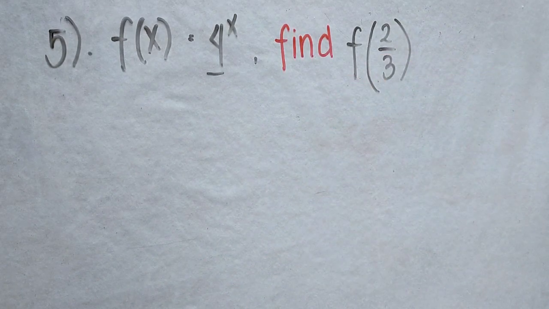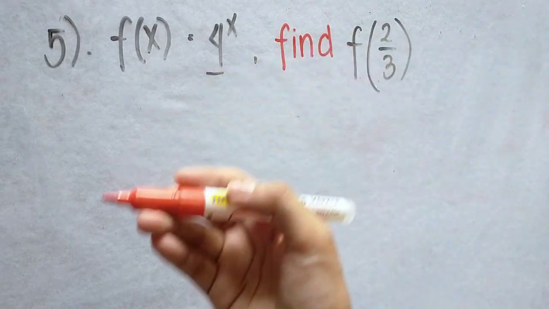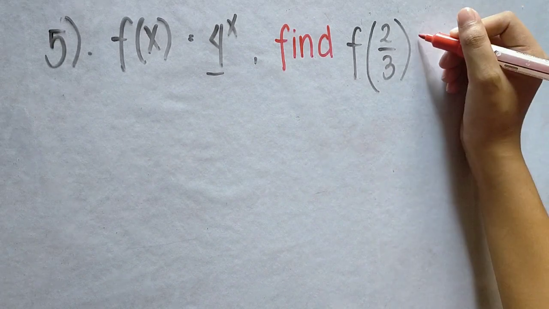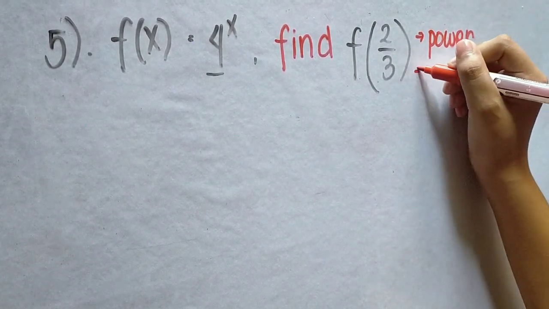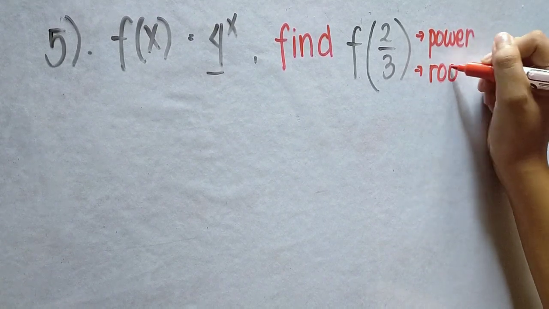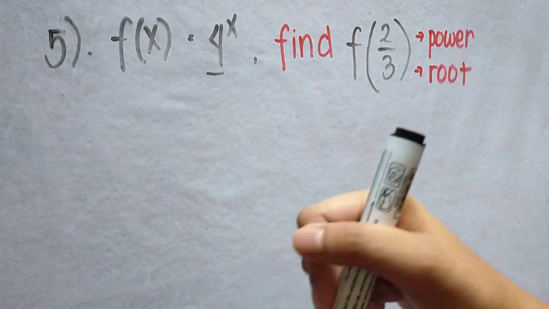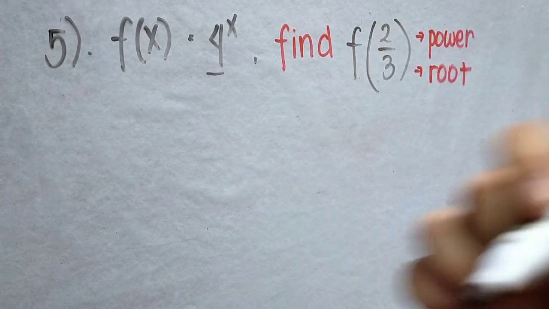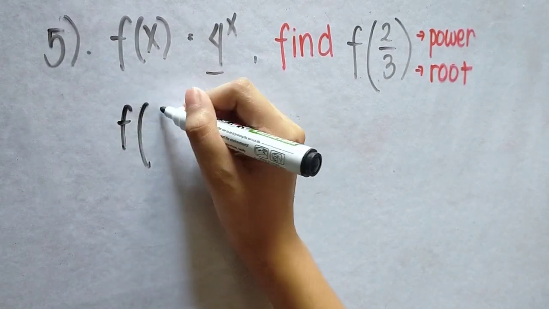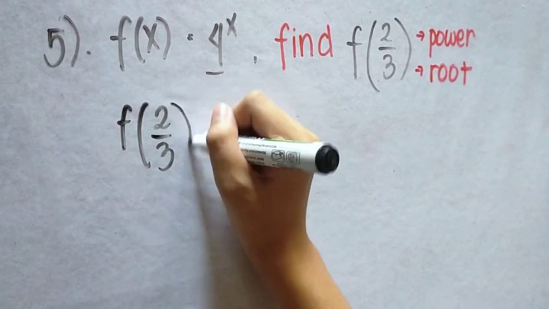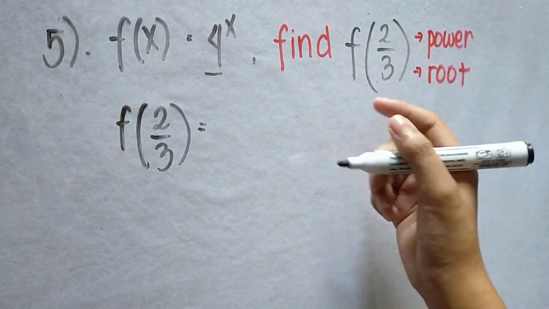Before natin isolve yan, take note muna na every time fraction yung hinahanap na ipapalit natin sa exponent, our numerator is going to be our power and our denominator is going to be our root. So, paano natin siya isusulat para magkaroon tayo ng maganda at malinis na solution? First, gaya ng sabi, cube root.